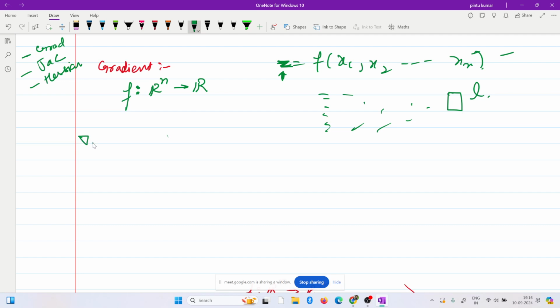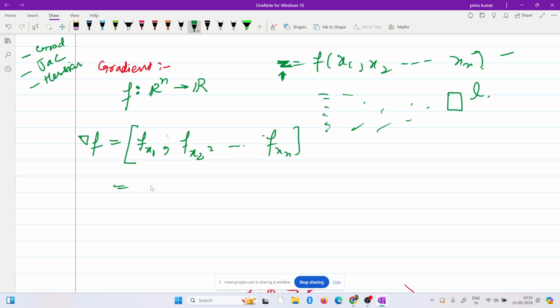So gradient of f, this is how you represent gradient of f. This nabla f is nothing but the partial derivative of f with respect to x1, the first variable, comma, partial derivative of f with respect to x2, and so on, up to the partial derivative of f with respect to xn.